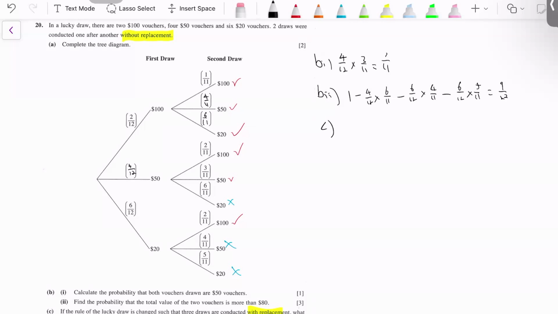The first draw being 100 is 2 out of 12. The second draw being 100 is also 2 out of 12 because there's replacement. And the third draw is 2 out of 12. So just multiply these 3 together. The probability of all 3 being $100 is 1 out of 216. And with that, that is the end of our lesson.